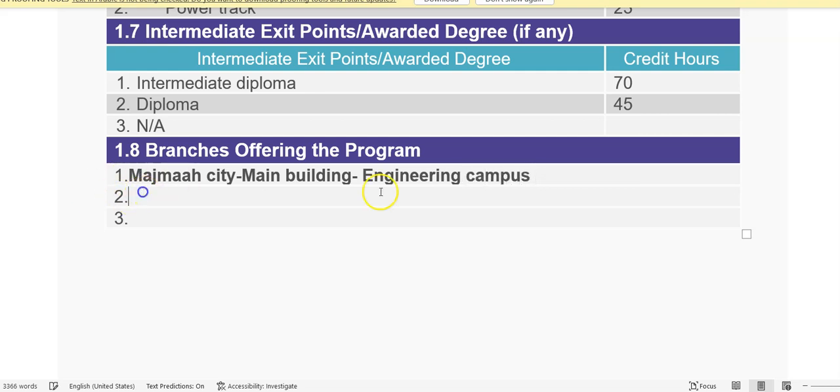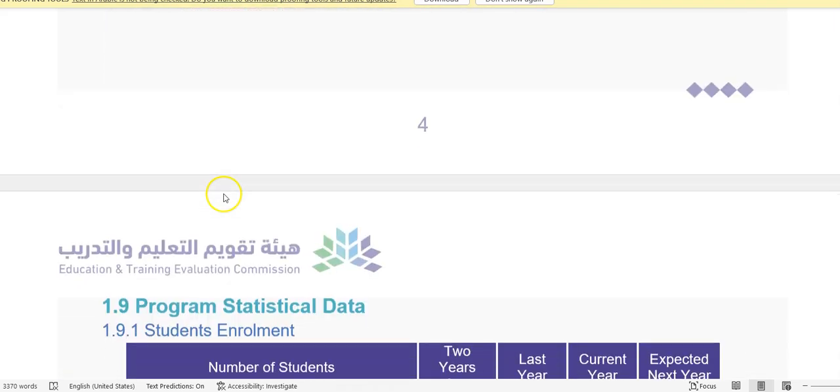Or if you have another, for example, the Zulfi branch, and for females. It's just an example. If you have it, just write it here.